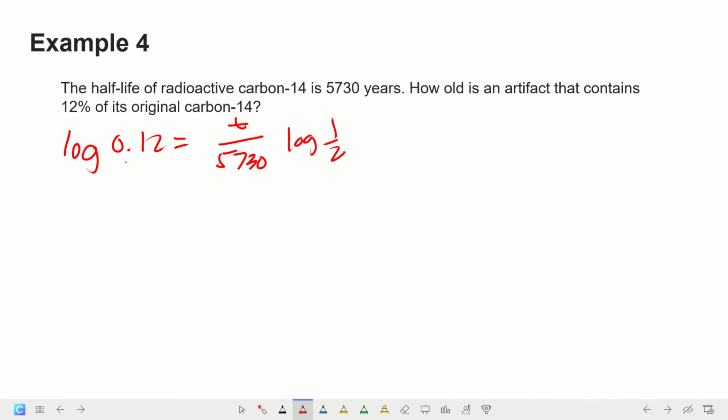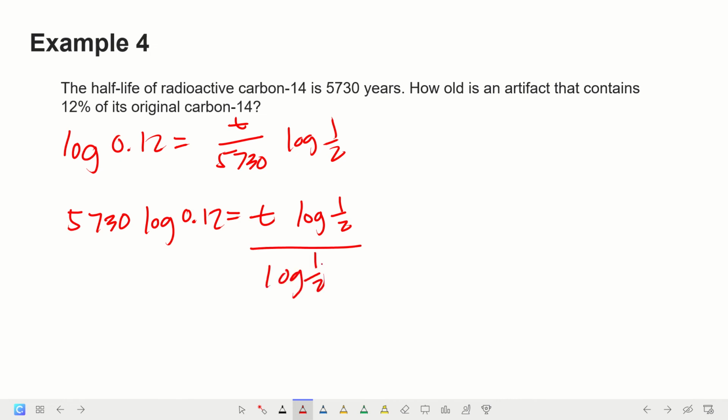So, cross multiply, kasi gusto natin matira si t. So, we have here 5,730 times the logarithm of 0.12 is equal to t times the logarithm of 1 half. Divide both sides by the logarithm of 1 half para matanggal siya at matira si t.